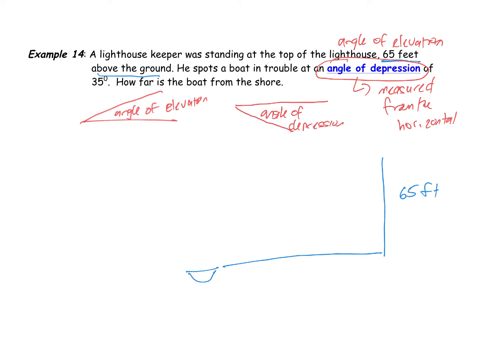So here is a boat that's in trouble, and he looks out at an angle of depression. This would be the horizontal, and the angle of depression goes down from the horizontal to this boat, and that angle is this angle right here. This is 35 degrees, and now we've created a little right triangle.